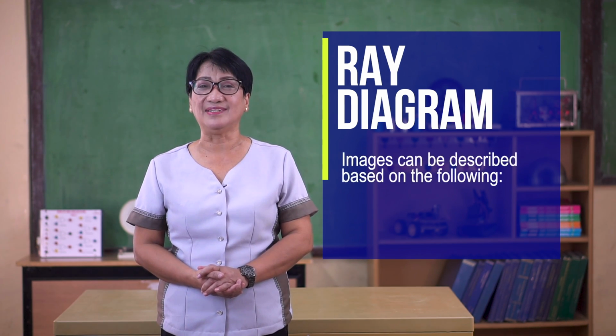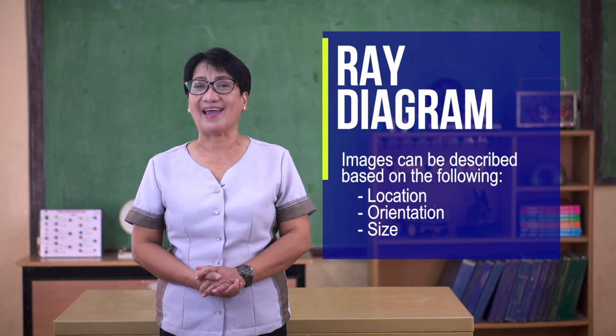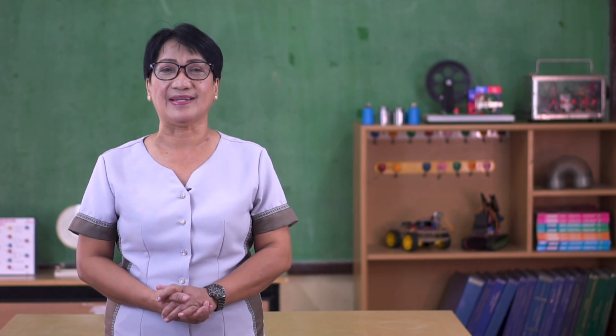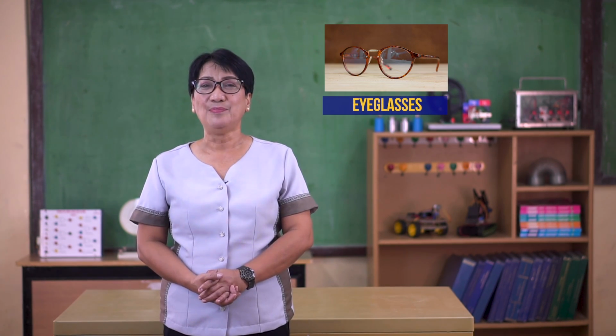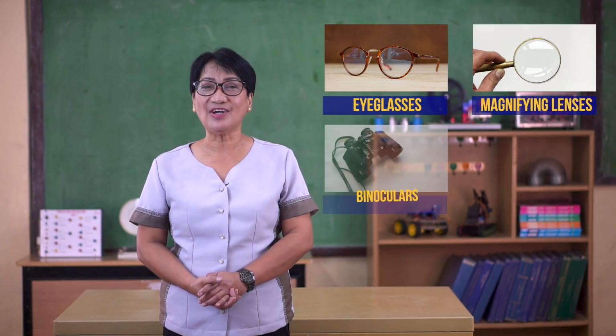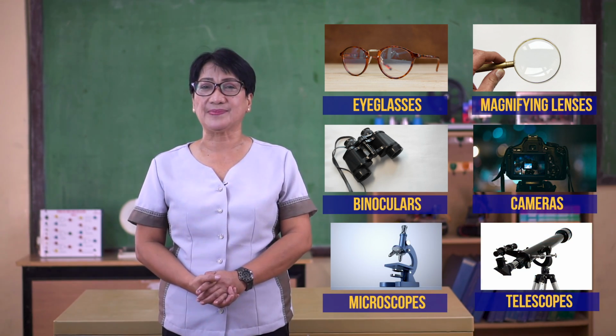Images formed can be described based on their location, orientation, size, and type. Finally, we appreciated the importance of the application of lenses and optical instruments. Lenses are often used in eyeglasses, magnifying lenses, binoculars, cameras, microscopes, and telescopes.